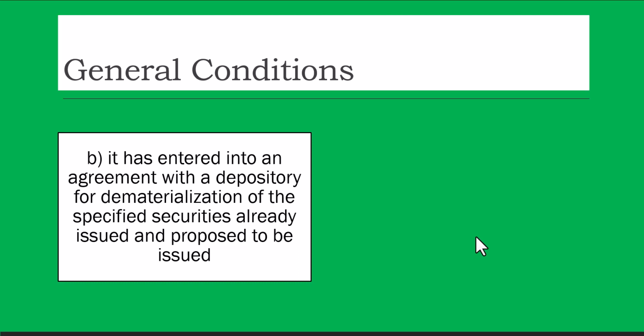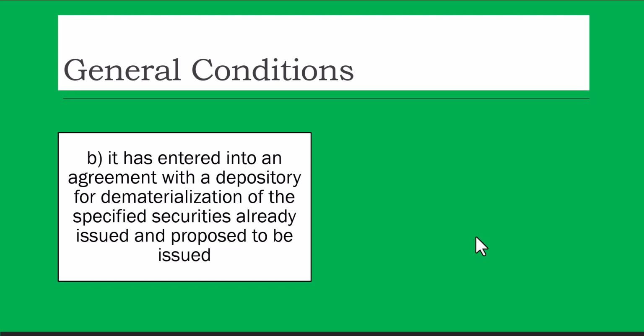It has entered into an agreement with a depository for dematerialization of the specified securities already issued and proposed to be issued. Nowadays, when we buy shares, we have a demat account. There are depositories like NSDL or CDSL, the two national depositories, and they open demat accounts for everyone.